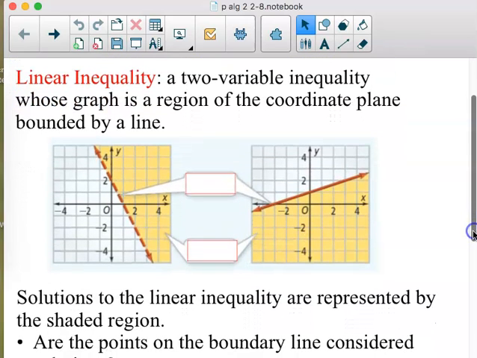So what we're seeing here in these graphics is, how are we supposed to know if the line has answers on it or not? This line is dashed. That means anything on that line is not an actual answer. It's just a border for the answers. This one is solid. If it's solid, those are actual answers.